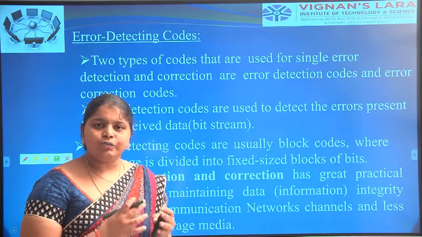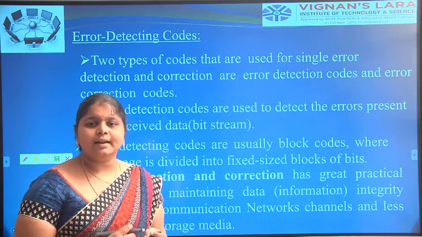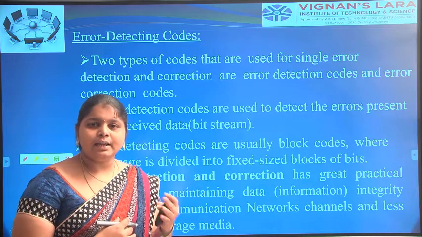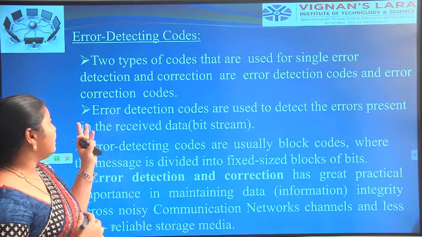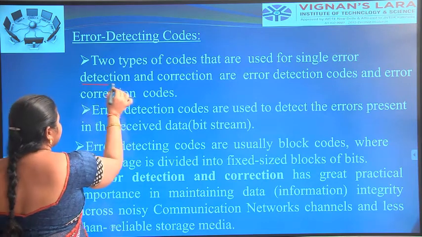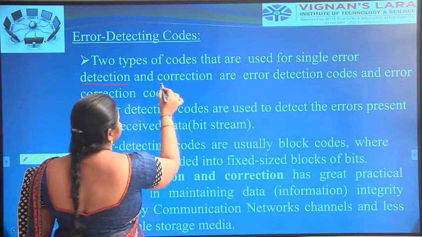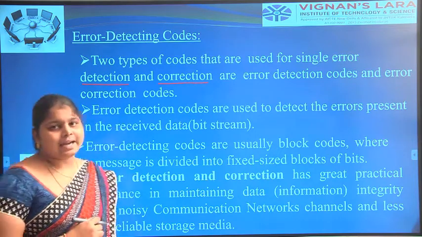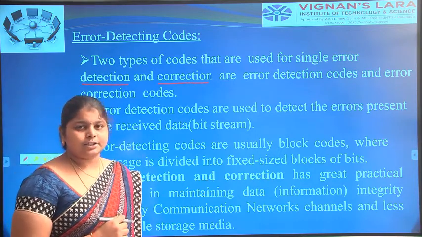Any error, first of all we have to detect, and then the place where the error occurred can be corrected. These are called error detection code and error correction code.